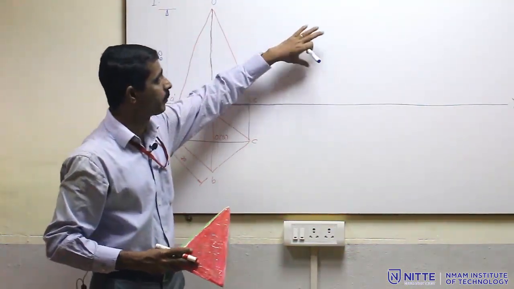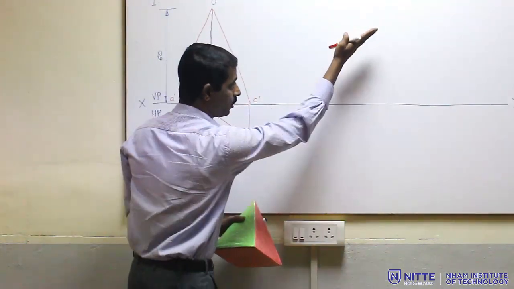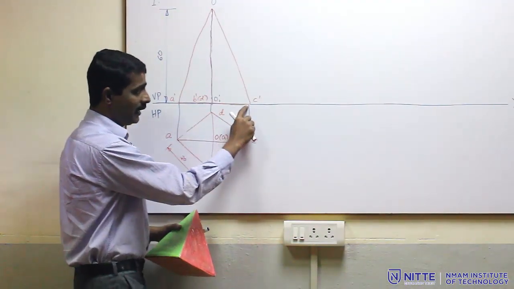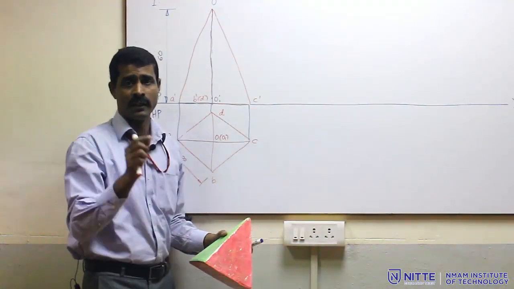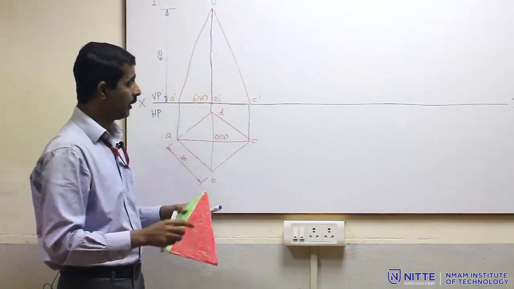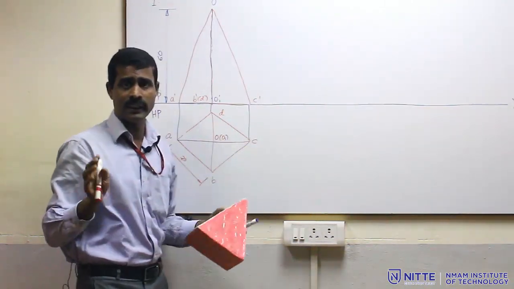This front view you are supposed to rotate in such a way that this axis makes 30 degree with the HP, but at the same moment this C dash must be on the XY line, on HP. So, 2 conditions we need to satisfy, that is why keeping this C dash on the XY line we cannot draw the axis at 30 degree directly.